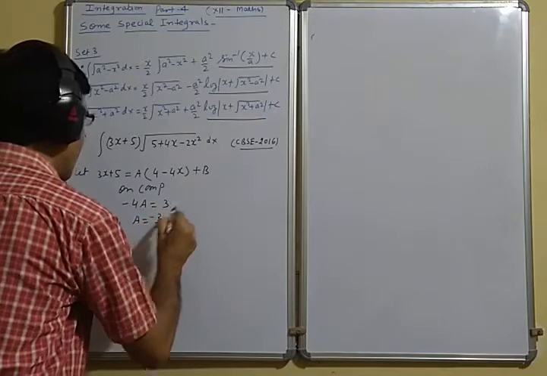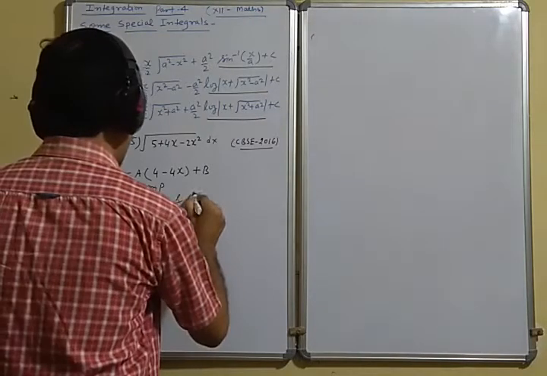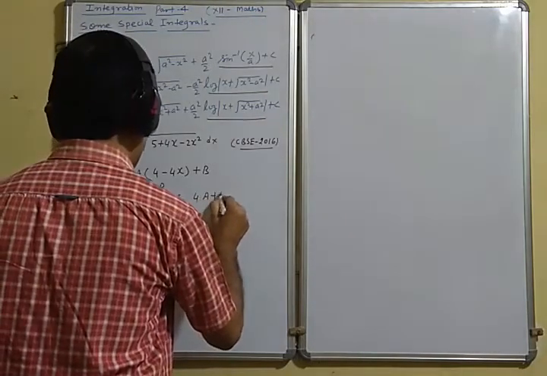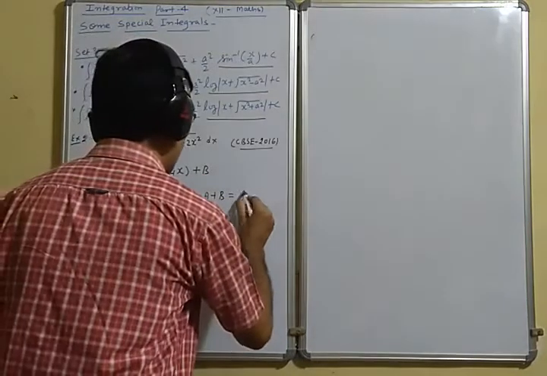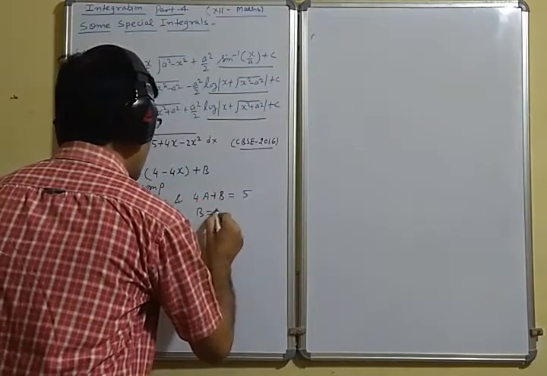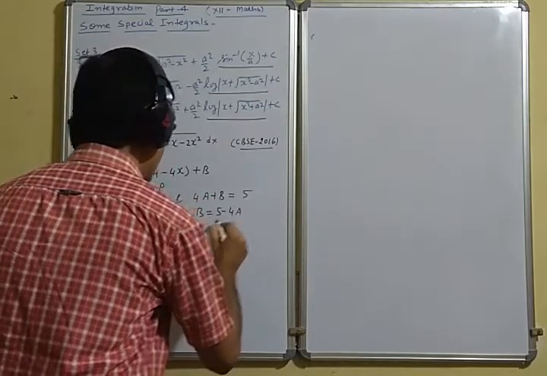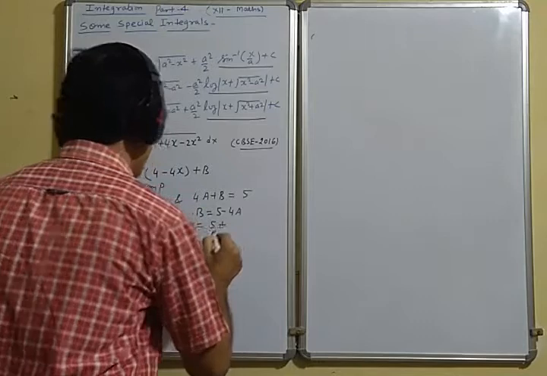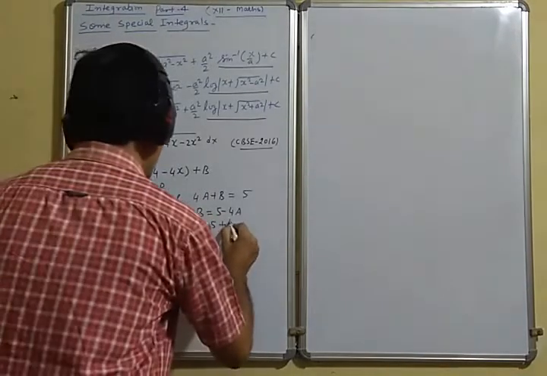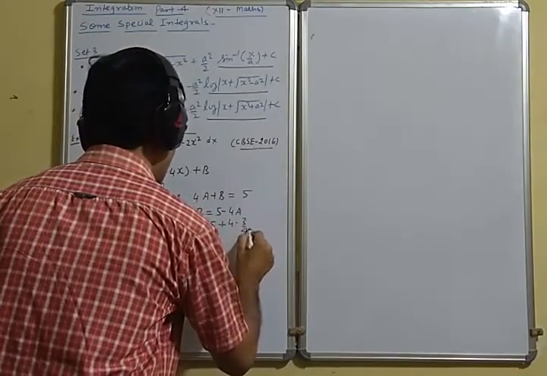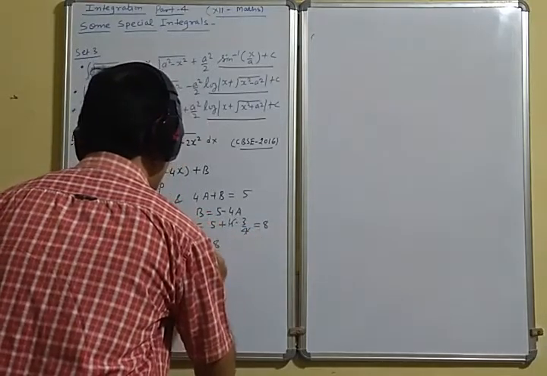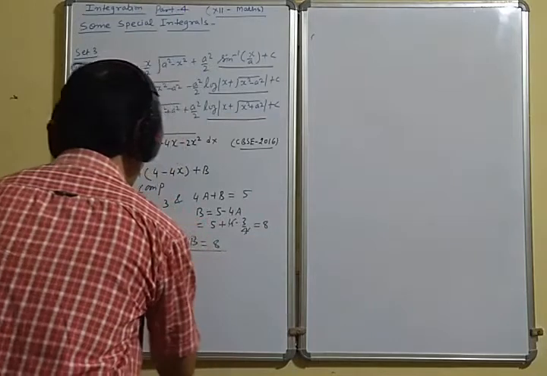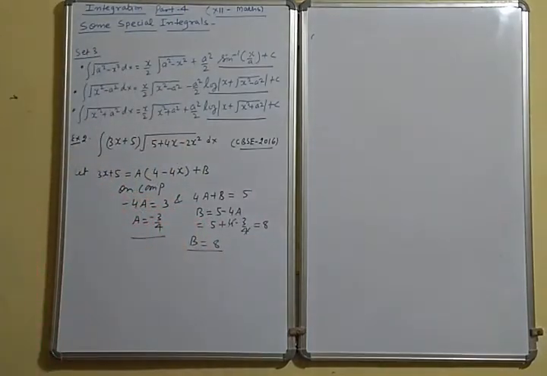And constant term 4a plus b is equal to 5. So b is equal to 5 minus 4a. So 5 minus minus plus 4 times 3 by 4, 4 cancels out. So 5 plus 3, that is equal to 8. So b is equal to 8 and a is equal to minus 3 by 4.